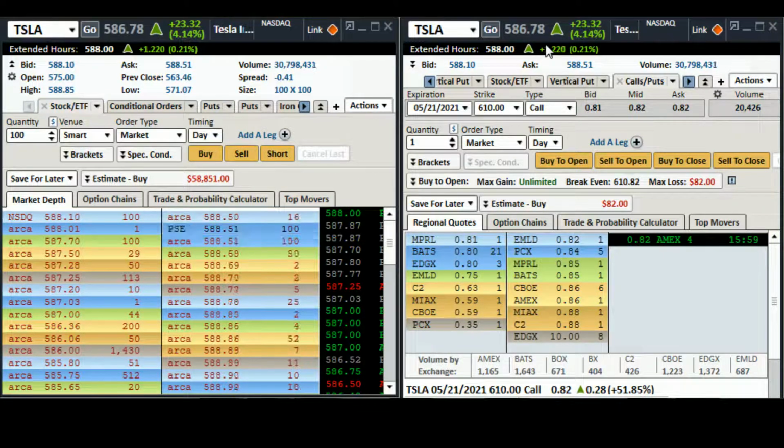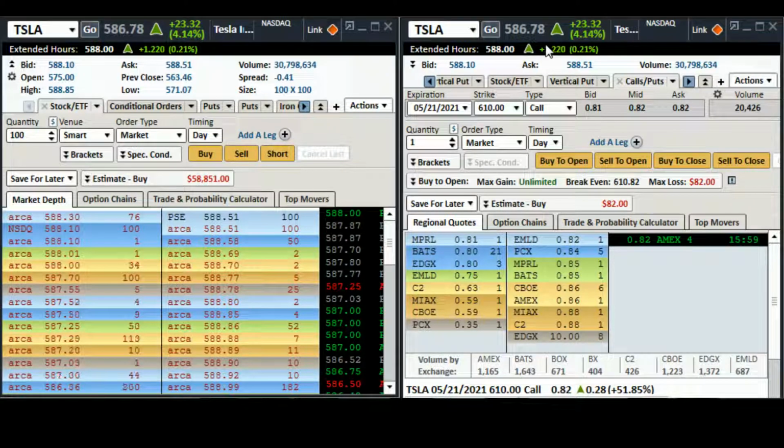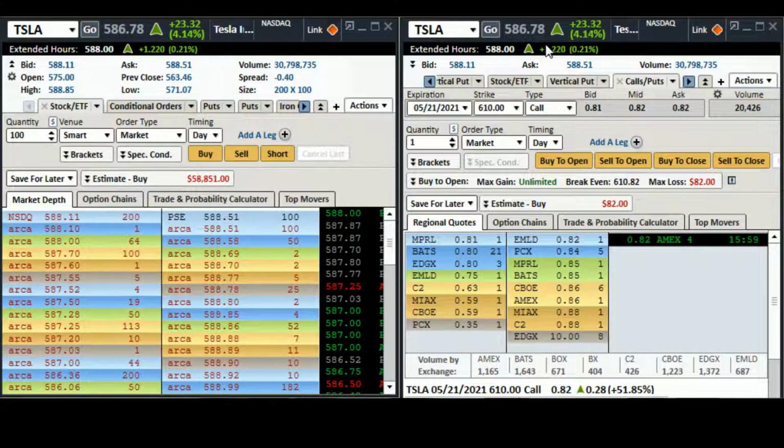That's what I would do with a $5,000, $10,000, $15,000, $1,000, $500, or $20,000 account. And if I had $25,000 or more, I would go margin and trade options doing the same exact thing.